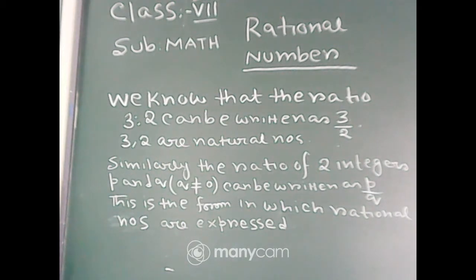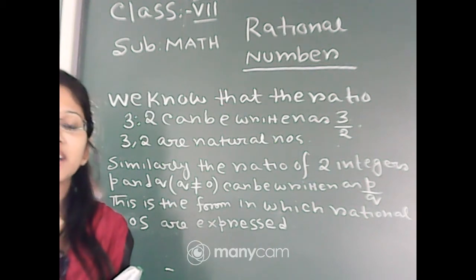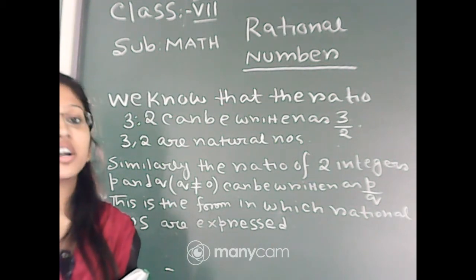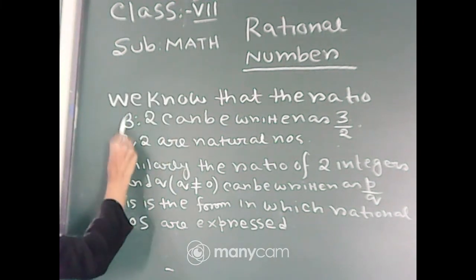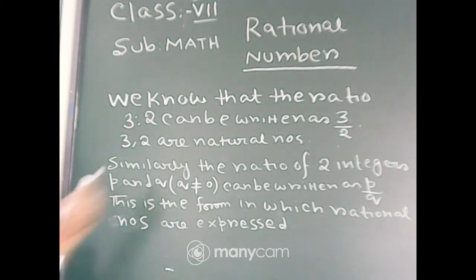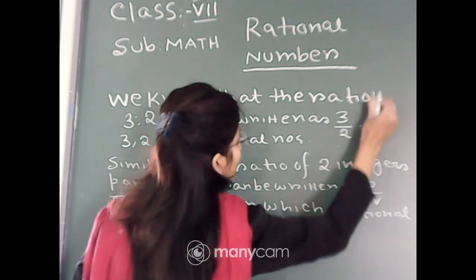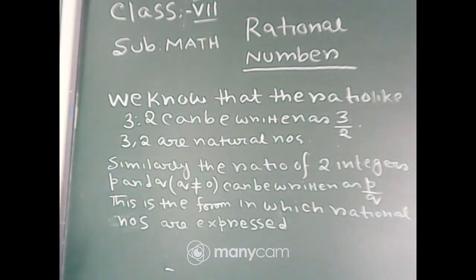Again, I repeat, the word rational arises from the term ratio. The ratio like 3 is to 2 can be written as 3 divided by 2. Here 3 and 2 are natural numbers.